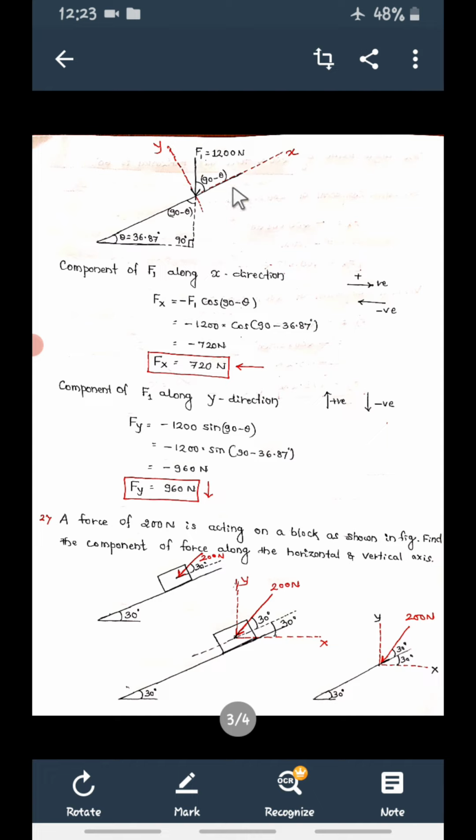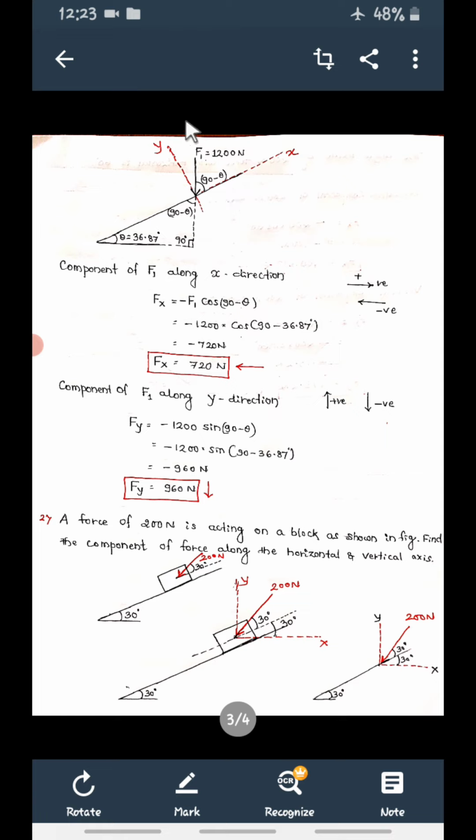Now I can resolve this force. Make this horizontal, make this vertical. So what is the component of F1 along x direction? Along x direction it is Fx, which is equal to minus. Why is it minus? When I make this force along the x axis, see the direction, it will move in this direction, and in this direction means it is negative.